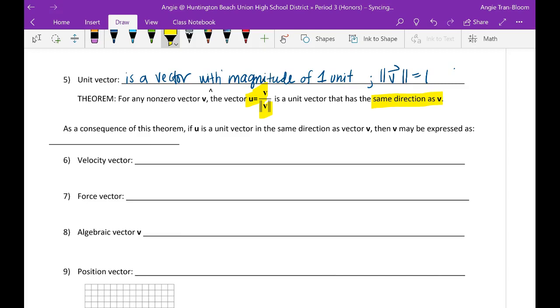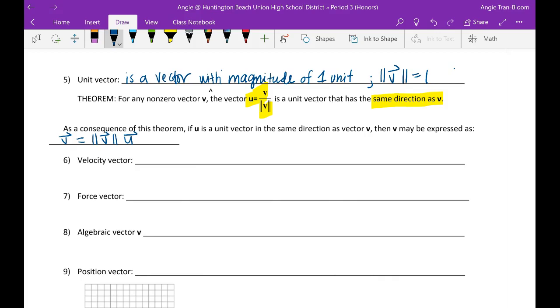As a consequence of this theorem, if I give you the unit vector u, and it has the same direction as vector v, then we can find vector v. All we do is multiply. To find vector v, we multiply the magnitude of v by the unit vector. You're going to find out soon what the properties of multiplication and addition of vectors are.